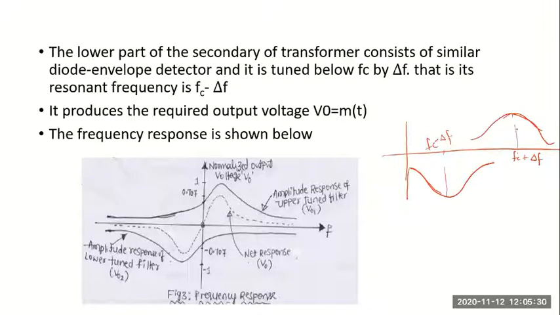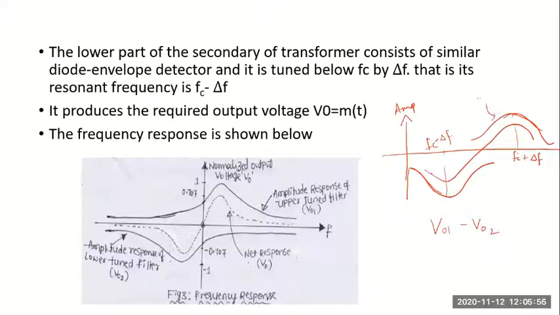So what happens in the combined effect? Whenever I am doing V01 minus V02, you see this part is retained and I am going to get the output something like this. The combined output frequency response of a balanced discriminator.